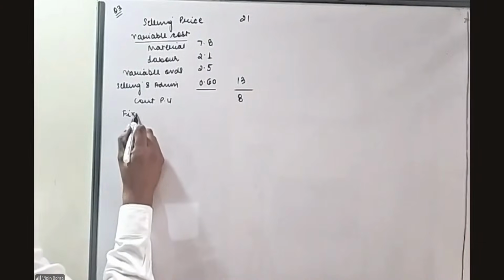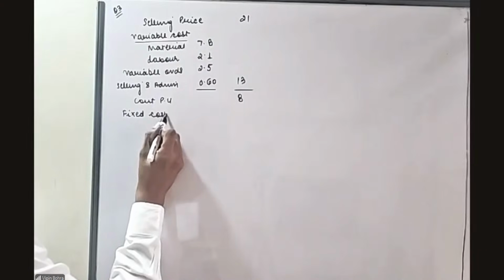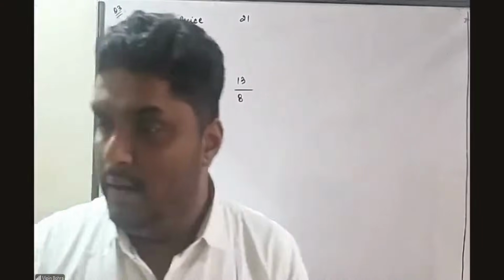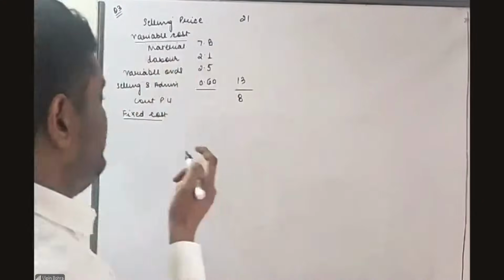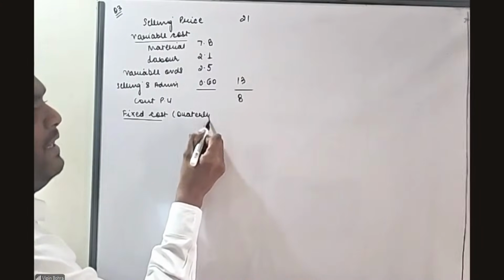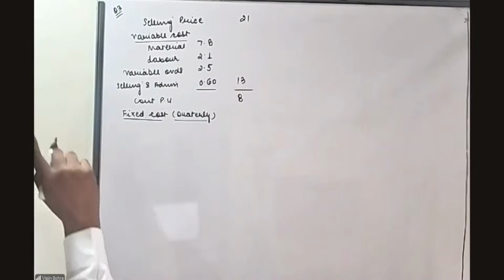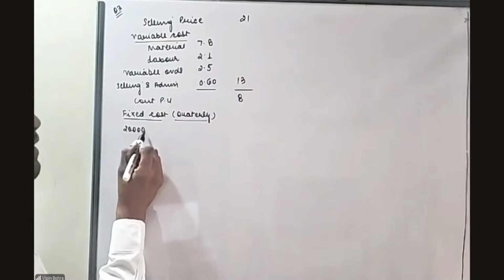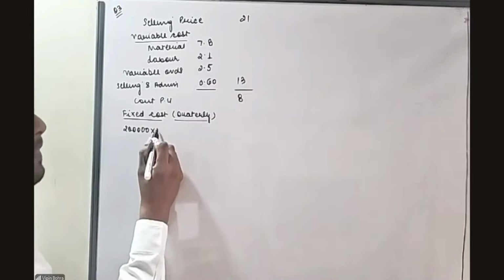When talking about fixed cost, it's given in the question that the company manufactured 2 lakh units per annum, medium-sized tins, and the fixed cost is 4 rupees. Further, some additional information is given: when the plant is operating, the fixed costs are incurred at a uniform rate throughout the year. So let's calculate the fixed cost for the quarter, because we have to decide whether the plant should be shut down during the quarter or not. 2 lakhs is the total number of units manufactured in a year.